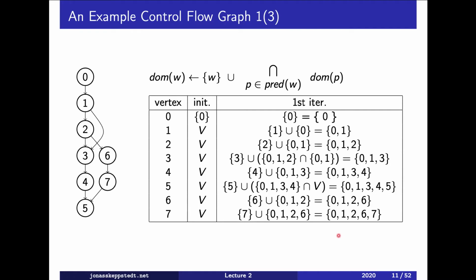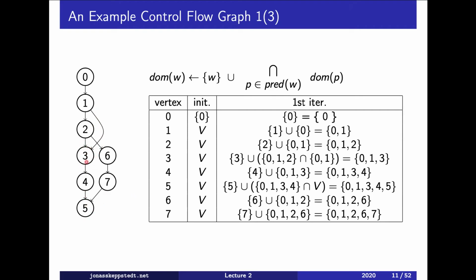But what is interesting, we can see here that 5 has 4 as a dominator. That's not correct. What is the correct value of DOM 5? Well, it's none of these.